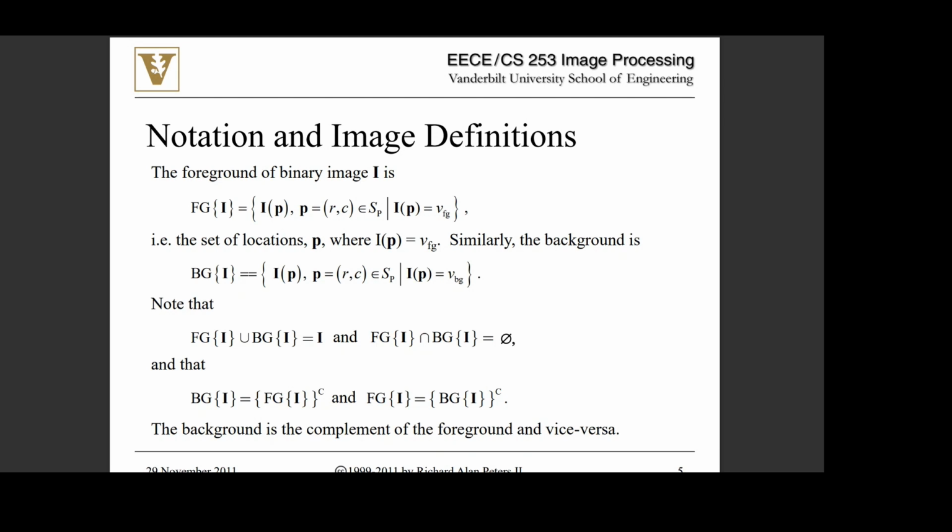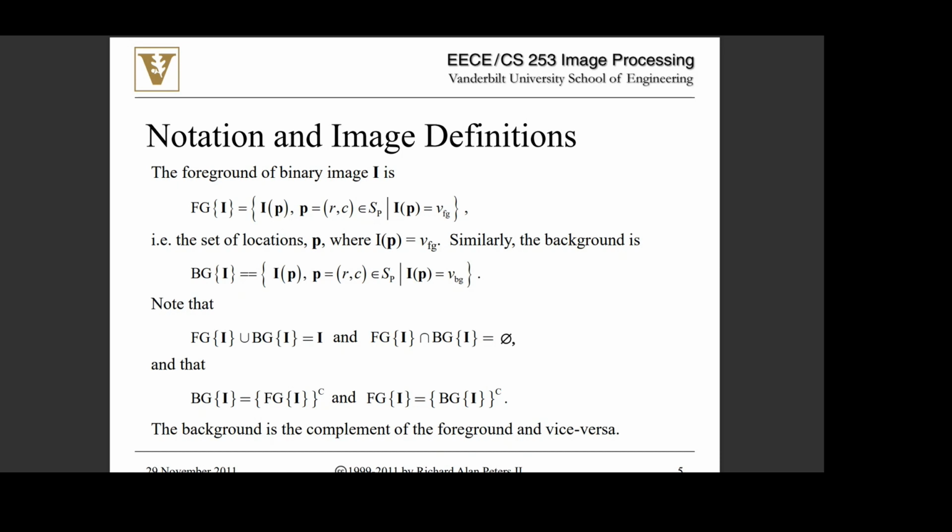And because they are sets, we can use set notation and set operators where we can compute the union of the sets. So the union of this set and this set has to be the whole image. The intersection has to be empty because a pixel either belongs to the foreground or belongs to the background, and they are complements of each other.